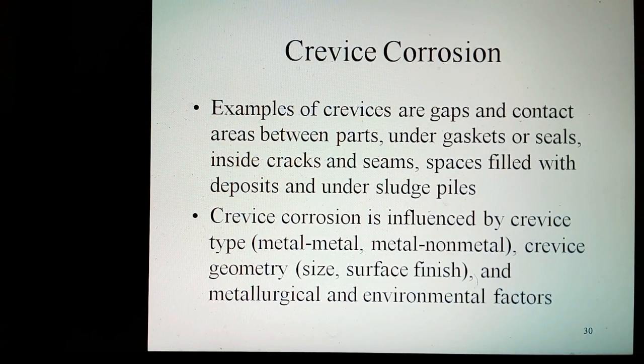Examples of crevices are gaps and contact areas between parts, under gaskets or seals, inside cracks and seams, spaces filled with deposits, and under sludge piles. Crevice corrosion is influenced by the crevice type, metal, non-metal, crevice geometry, size, surface finish, and metallurgical and environmental factors.